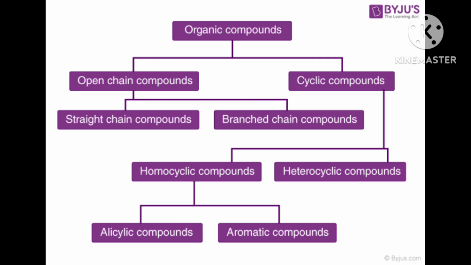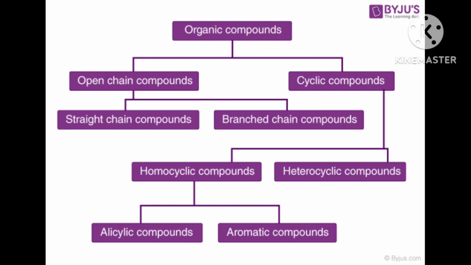Here alicyclic compound, and the other is aromatic compound. So homocyclics are further divided into two groups, alicyclic and aromatic compounds.